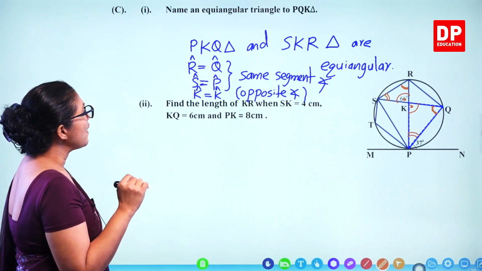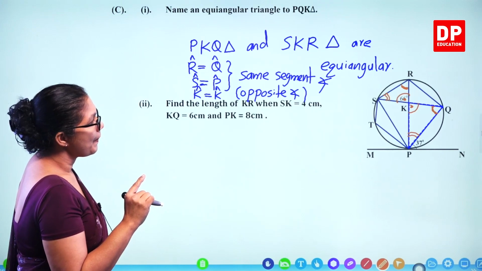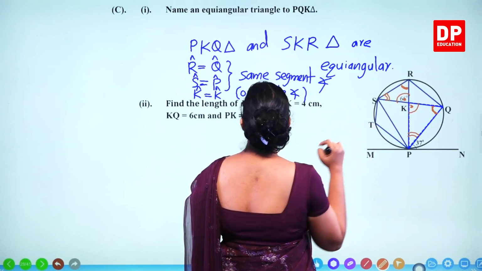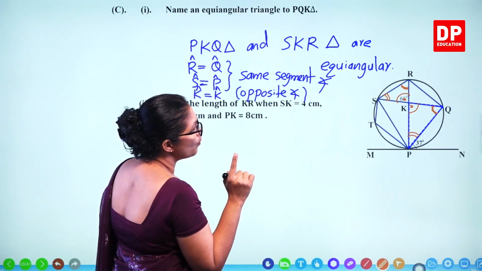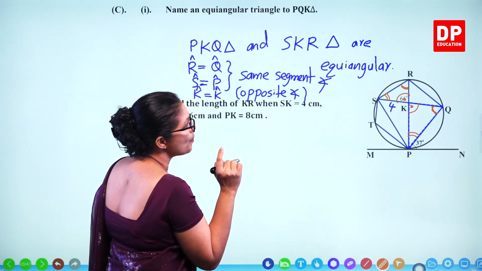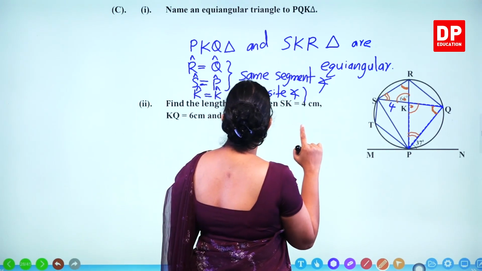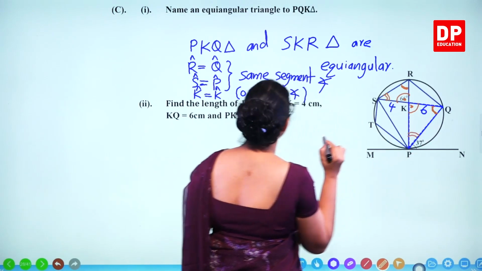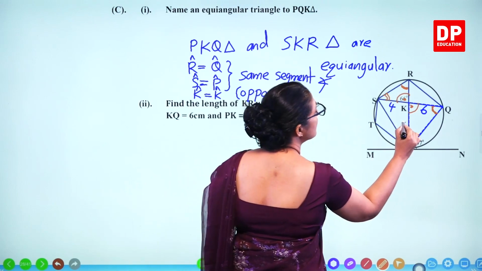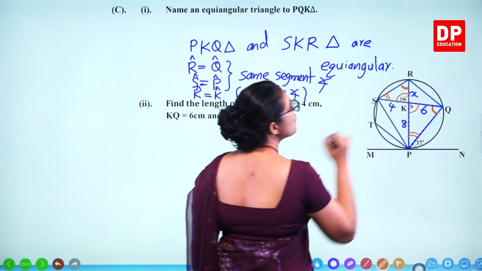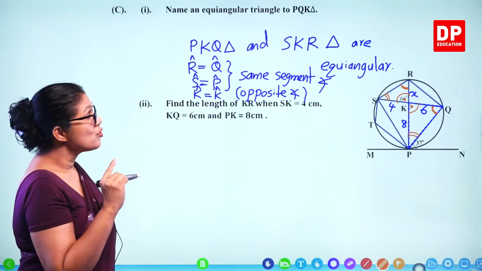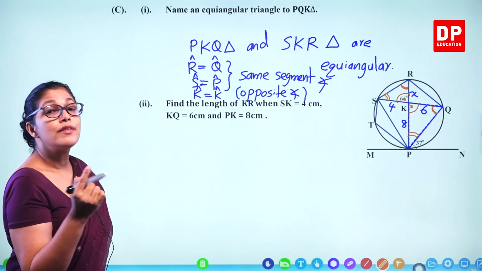In the next part, find the length of KR. This length. SK is 4, and KQ is 6. PK is 8. So we can put x for KR. These are two equiangular triangles, so those are similar.